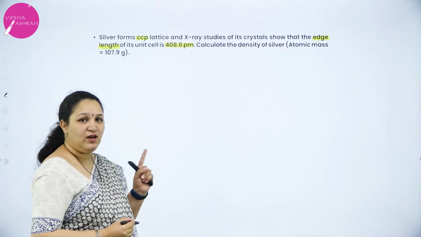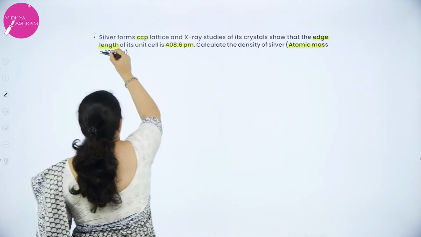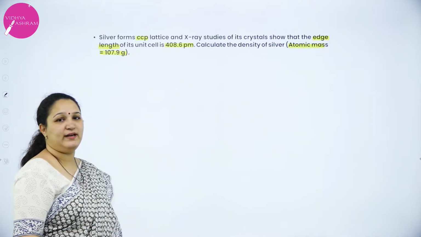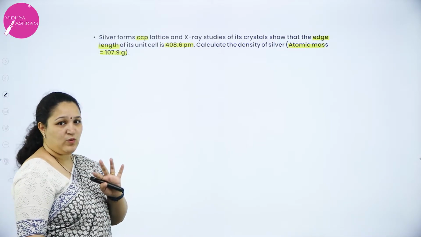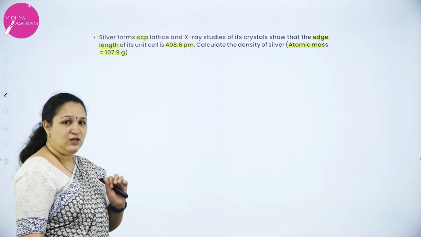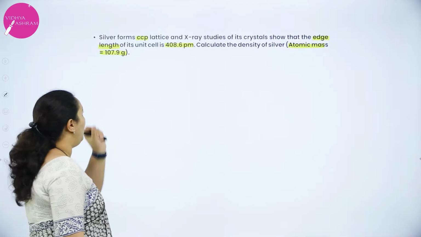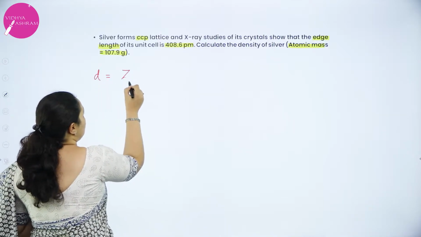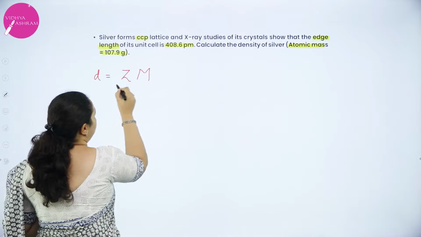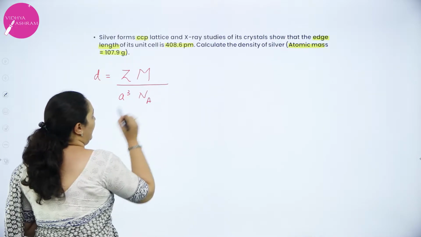Calculate the density of silver given atomic mass is 107.9 grams. So I have highlighted whatever is required for us for solving the problem. Now I will write the formula. D is equal to Z M by A cube into NA.